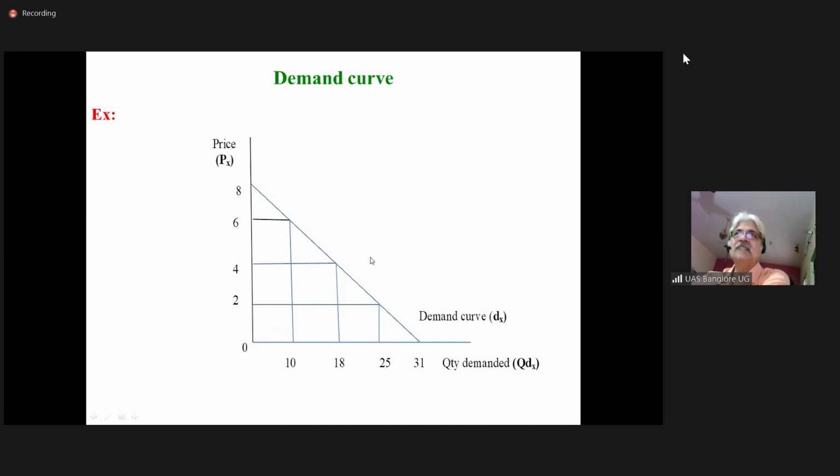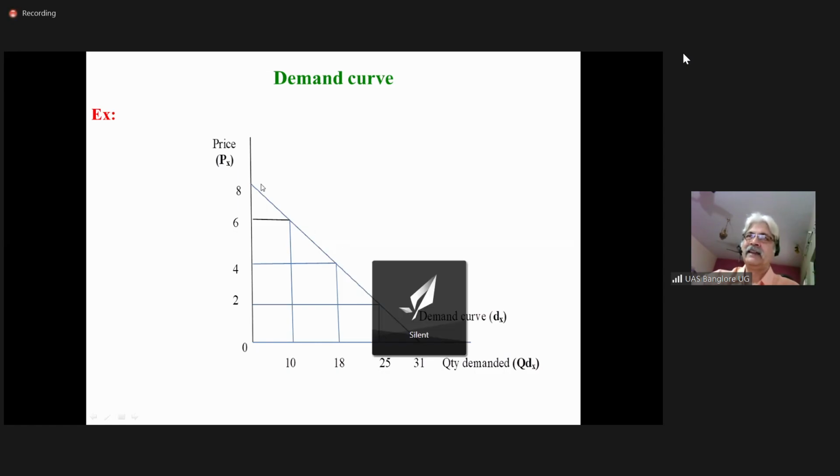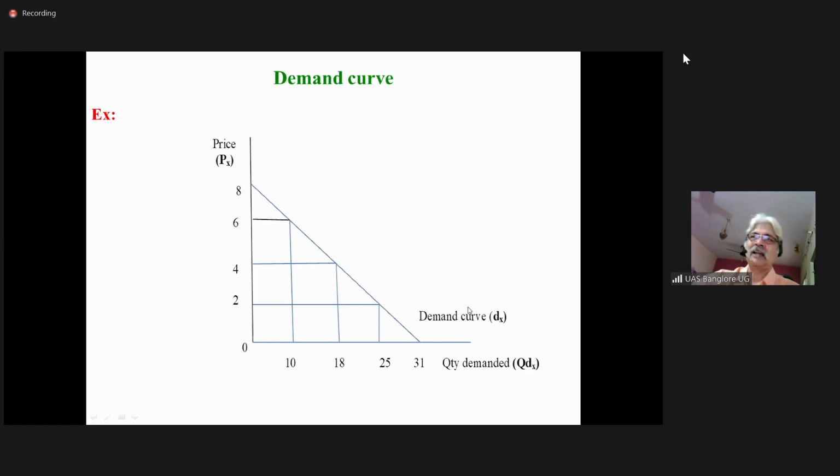And if the price becomes 0, then the quantity purchased would be 31 kgs. So this negatively sloping line represents the demand curve. Quantity of the commodity purchased or demanded is taken on the x-axis, and price of the commodity is taken on the y-axis.